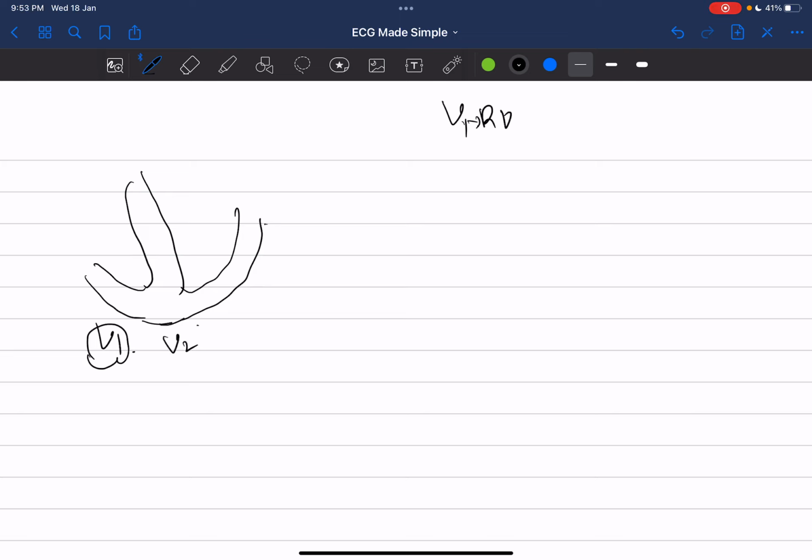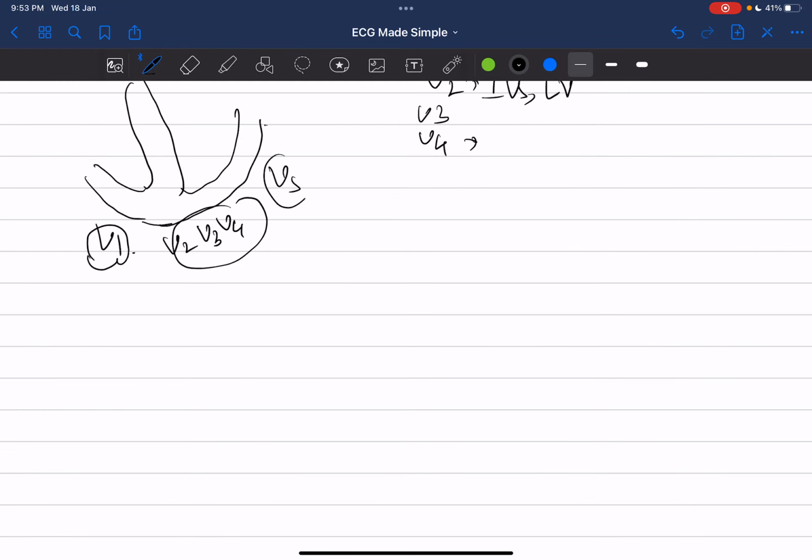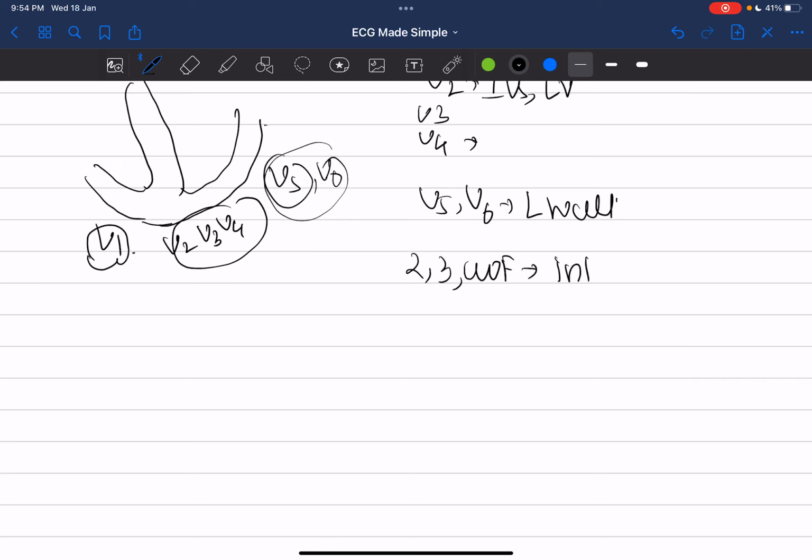V2, V3 and V4 measure the activity over the interventricular septum and the anterior LV. Then V5, V6 measure activity over the lateral wall. And 2, 3, AVF measure activity over the inferior wall.